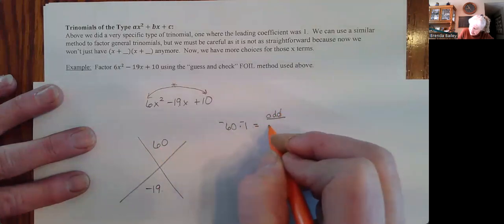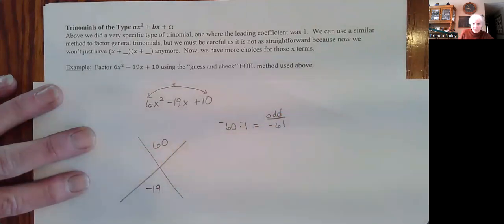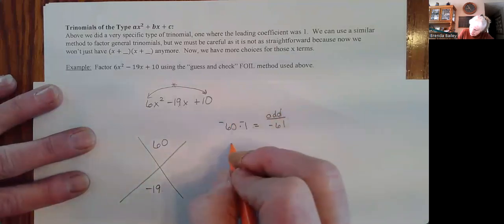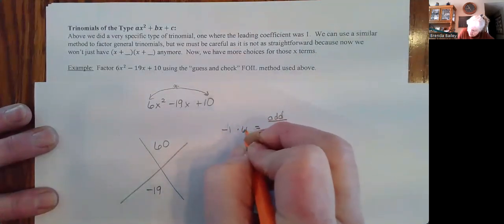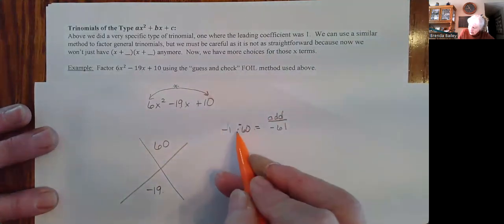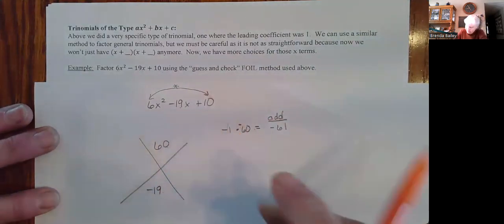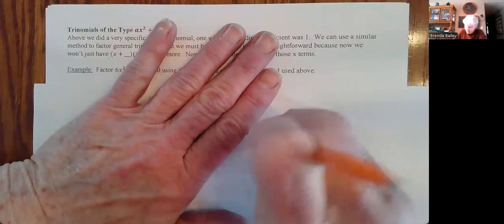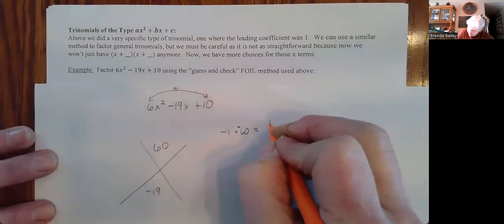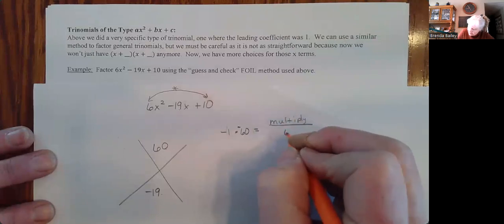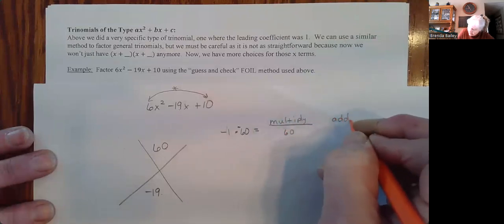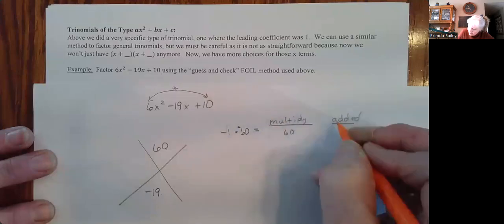Negative 1 times negative 60 multiplied together gives you a positive 60, added gives you a negative 61.